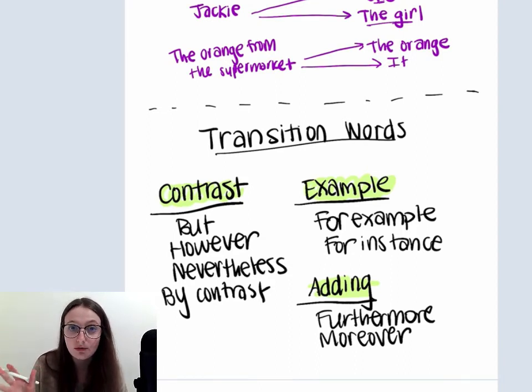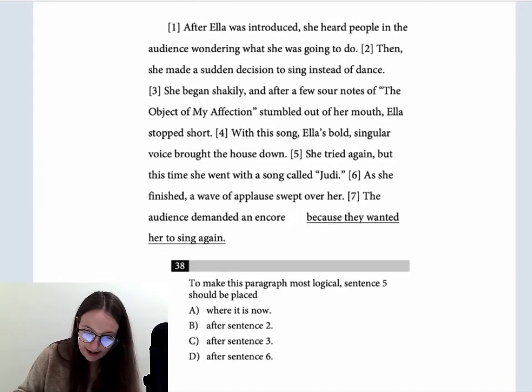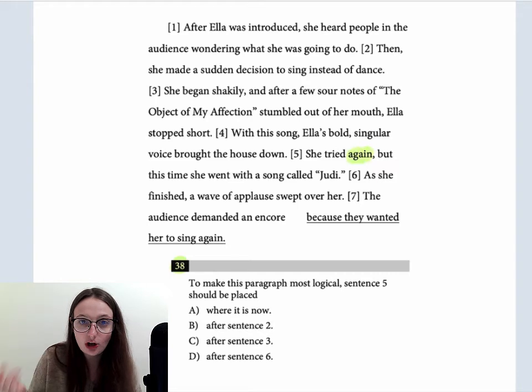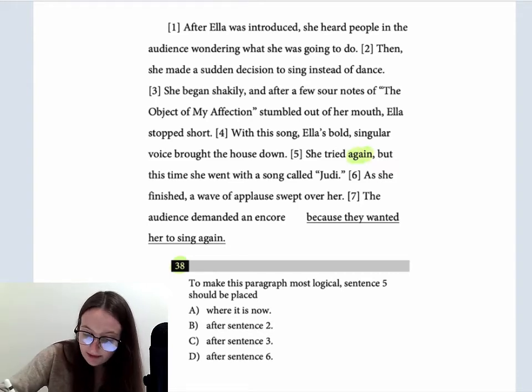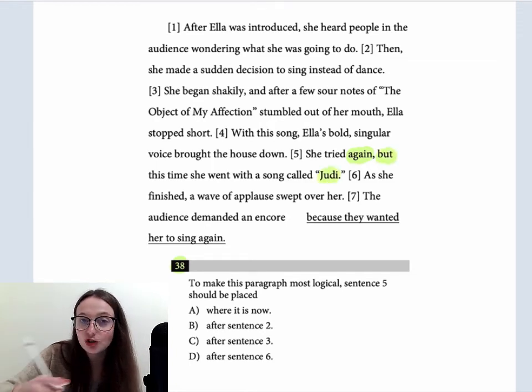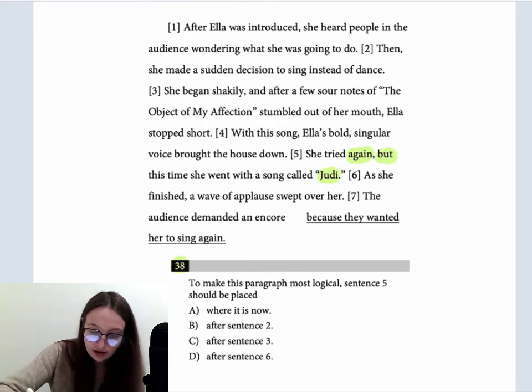Alrighty, so we're first going to begin here with number 38. So we're considering moving sentence 5. It says, she tried again. So that's going to have to be something she already did, but we're redoing it. And then it says, but this time she went with a song called Judy. So we have to put this after she's already attempted another song, but now she's changing the song.